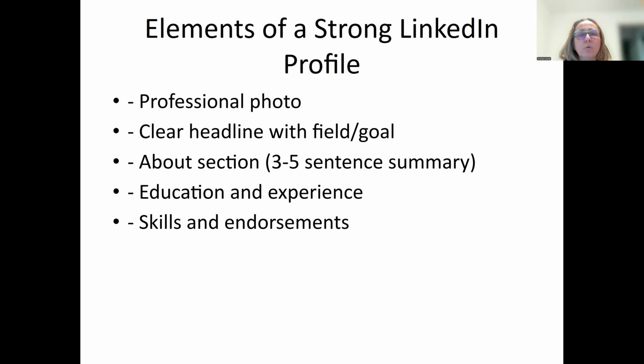Then you would include a summary or about section, a short paragraph highlighting your skills, experiences, and career goals. And then under education, you list the schools attended, degrees, and certificates. Under skills and endorsements, you will list the key skills that you want employers to notice.